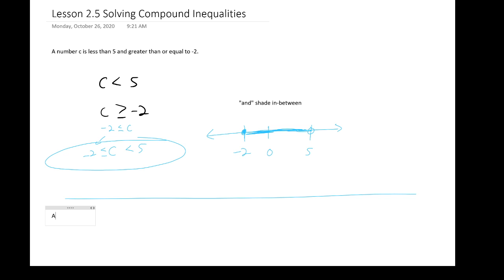We have a number t is less than -1 or greater than or equal to 4. Again, this says or, so this is a disjunction, okay?